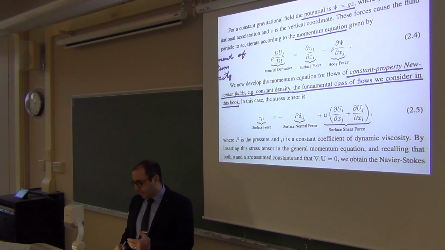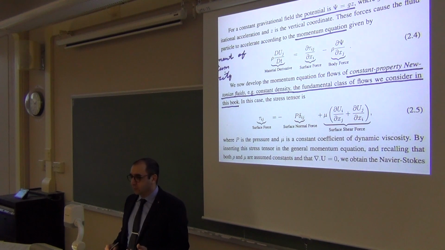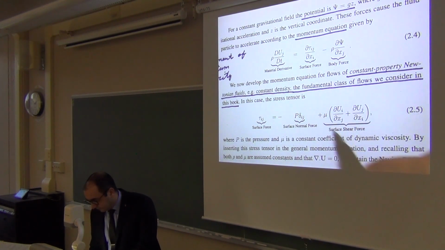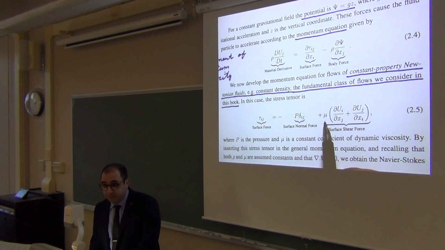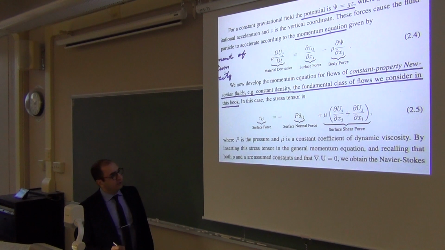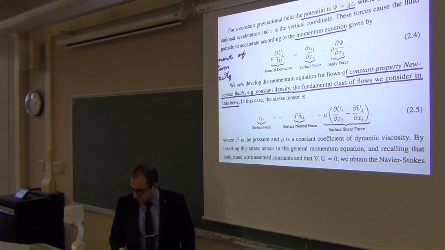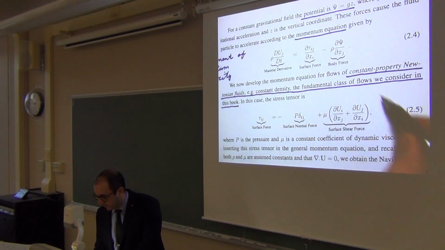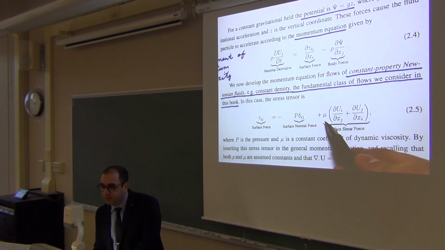It's only because I have Newtonian flows with constant property that I can write surface shear as constant viscosity multiplied by spatial derivatives of velocity. And that's the very assumption for Newtonian fluids, this term here, right? It just relates shear to a constant number we know as dynamic viscosity, or mu.